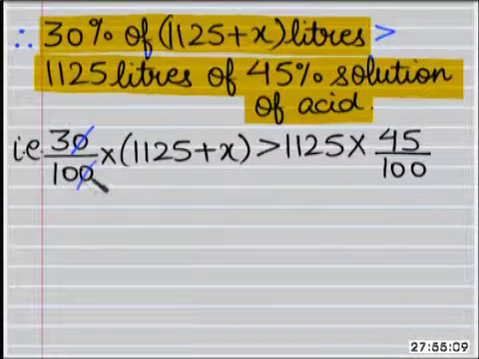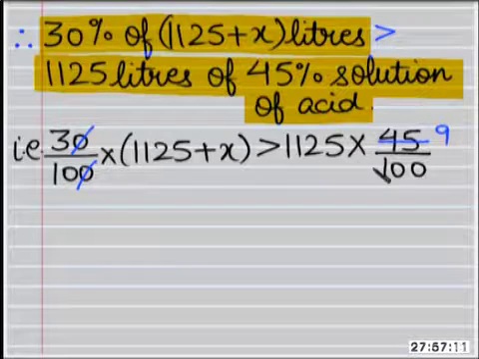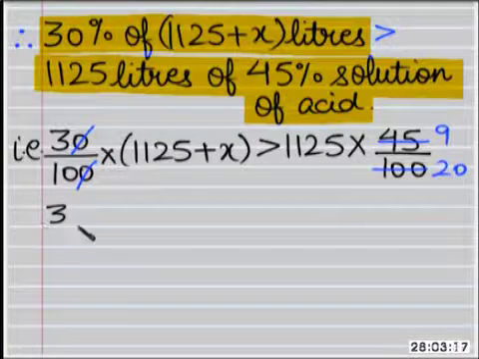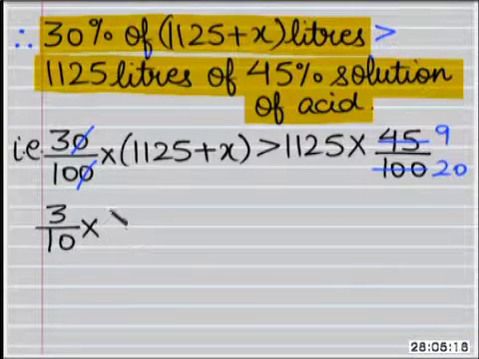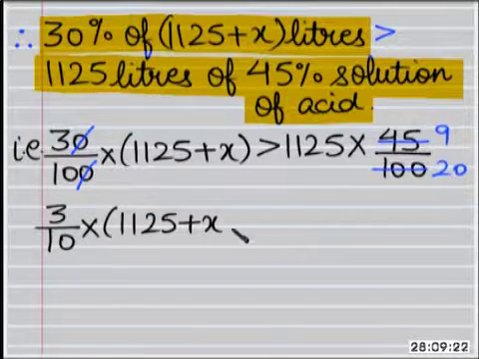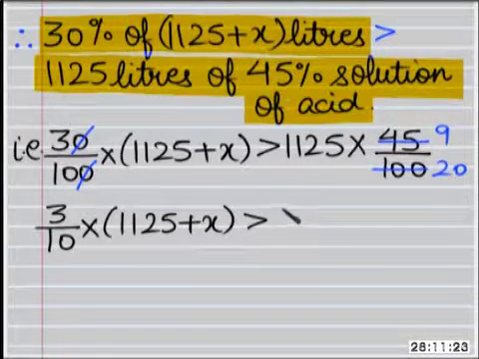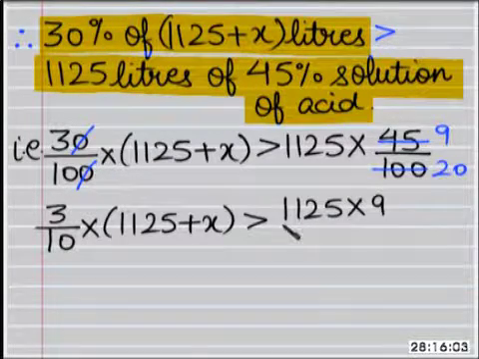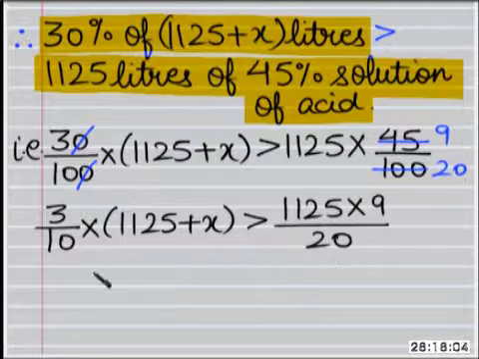On solving it, we get 3 upon 10 whole multiplied by 1125 plus x is greater than 1125 multiplied by 9 whole divided by 20.